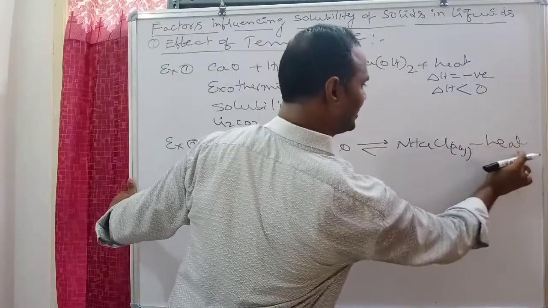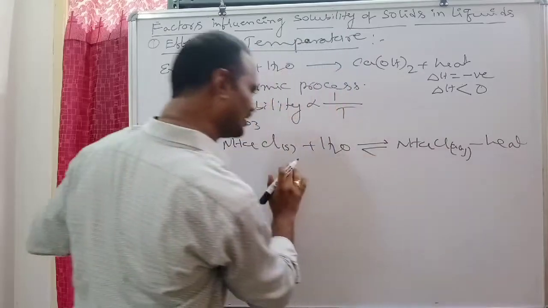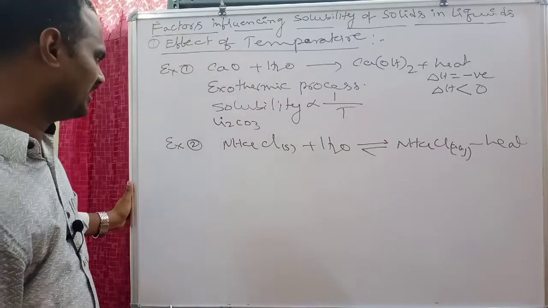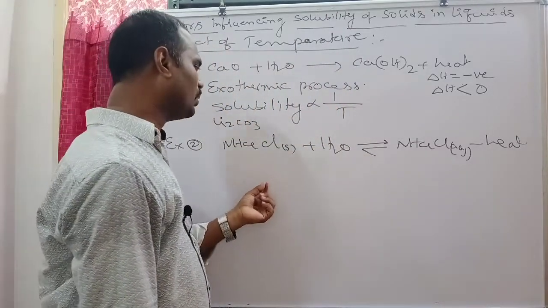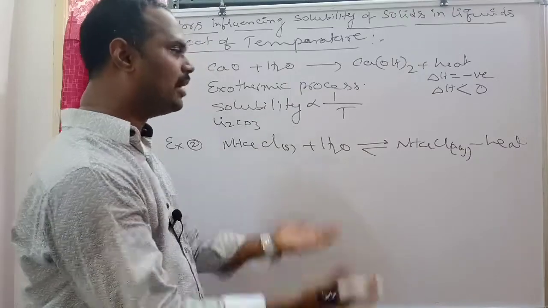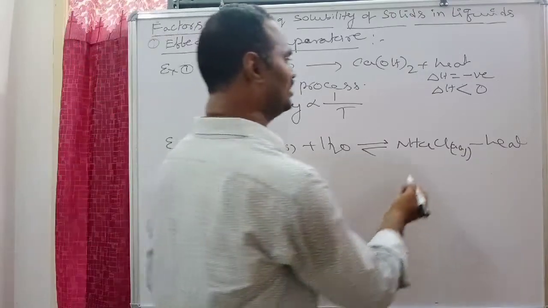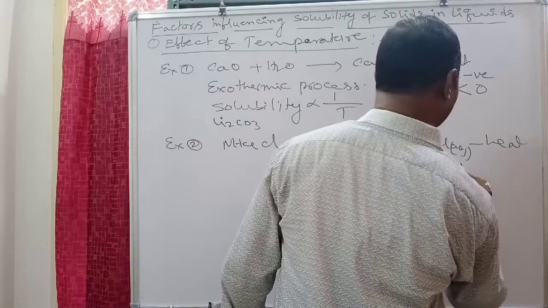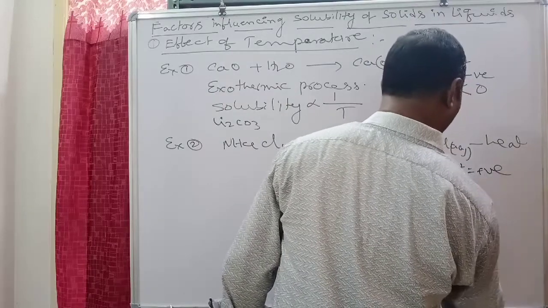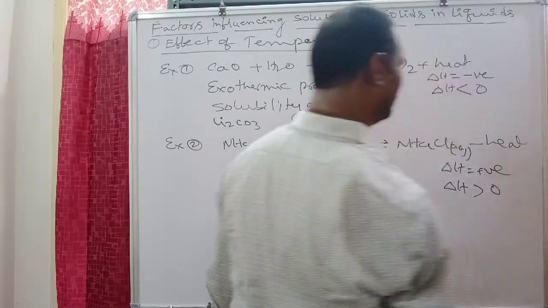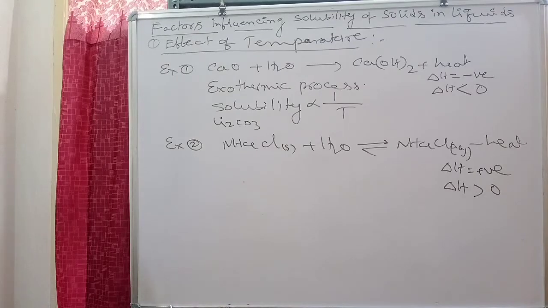Minus heat on the product side means if you take it to the other side as plus heat, ammonium chloride while dissolving in water absorbs heat energy. It means delta H is positive, or delta H is greater than 0.